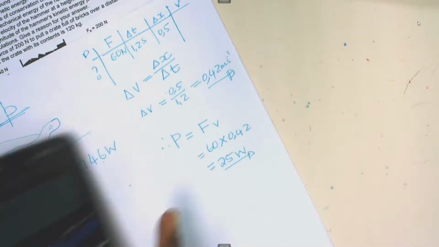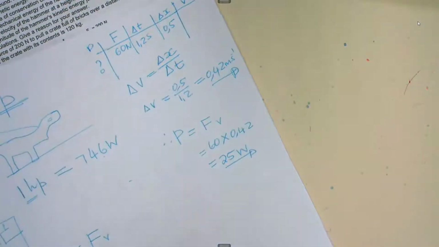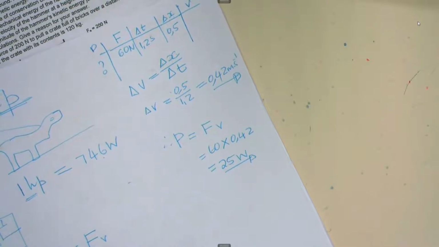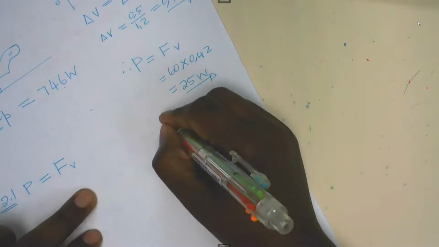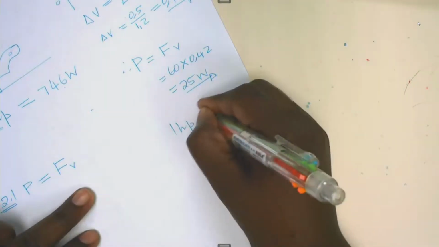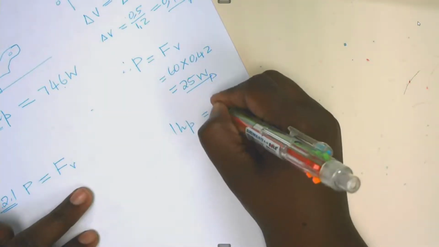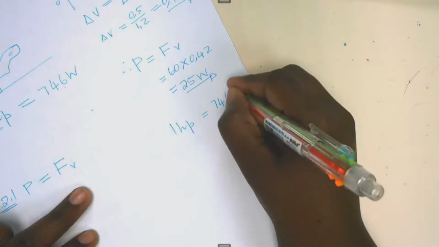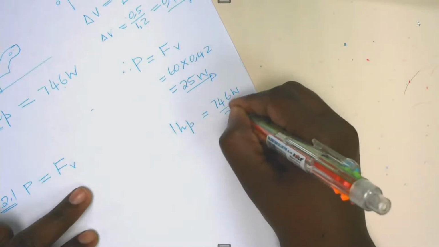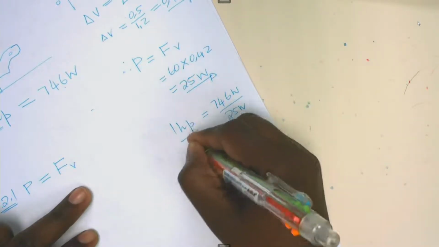Now, they said we must express the answer in horsepower. So 1 horsepower gives you 746 watts. That means 25 watts will give us X number of horsepower.